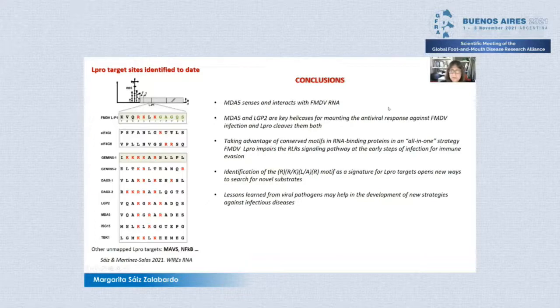Both MDA5 and LGP2 are key helicases for mounting the antiviral response against FMDV, and LPRO cleaves them both, taking advantage of conserved motifs in RNA-binding proteins in what we call an all-in-one strategy to impair the RLR signaling pathway at the earliest steps of infection. The identification of this target motif is helping to identify novel LPRO substrates.